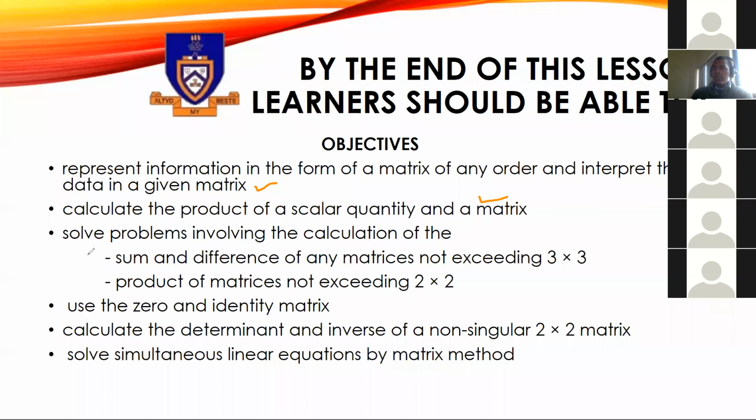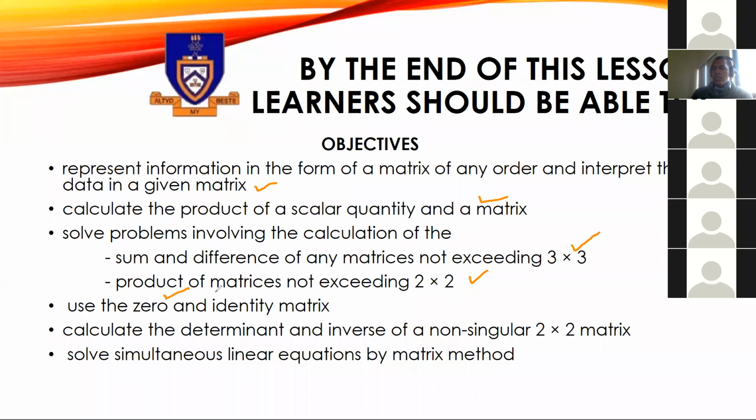So sum and difference. Sum is add, difference is subtract of any matrices not exceeding 3 by 3. We also did that. Products of matrices not exceeding a 2 by 2. So finding the product of matrices, we also looked at that. And use the zero and identity matrix. Okay, so zero matrix, we talked about it.